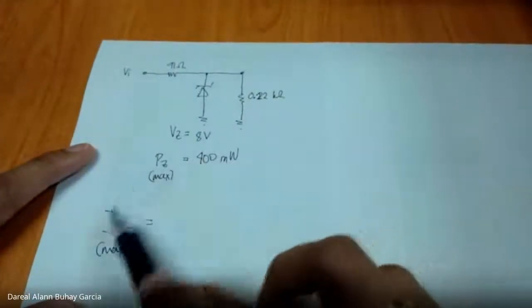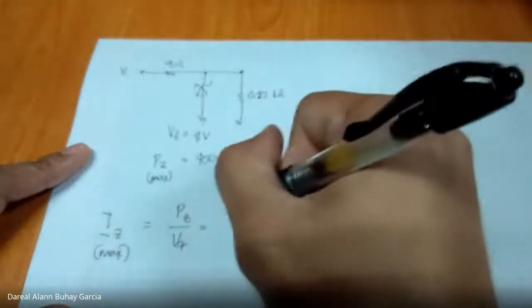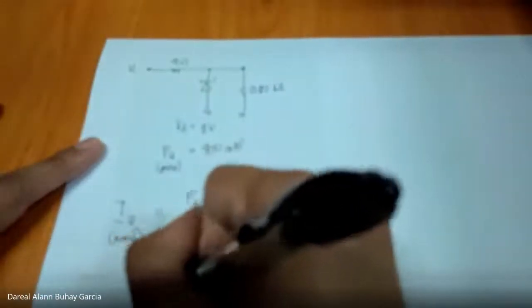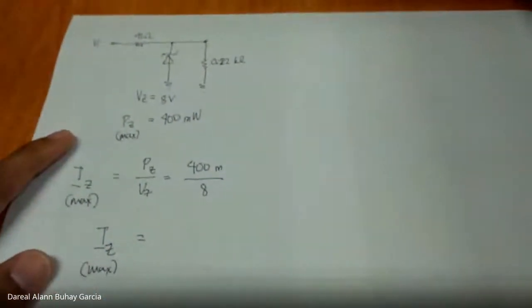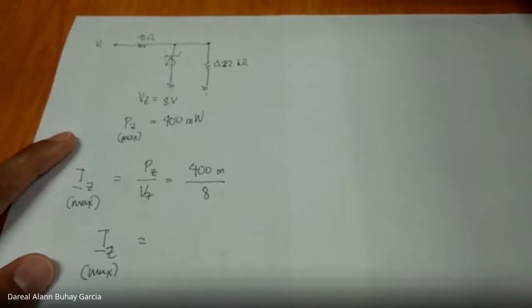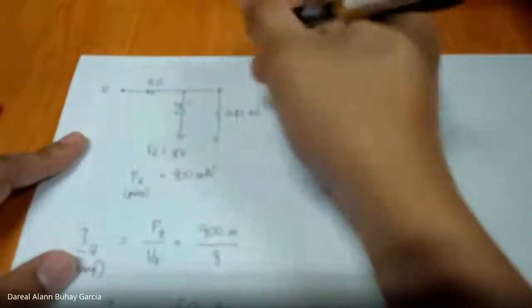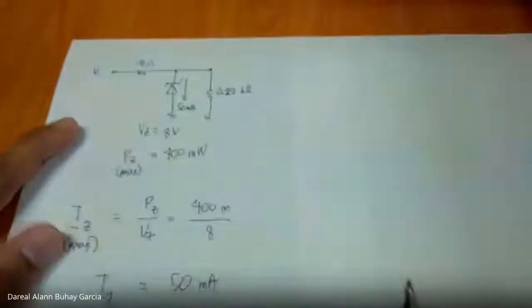Power is equal to IV, meaning I is equal to P over V. That gives 50 milliamperes. So 50 milliamperes should be the maximum current flowing in our diode. It will not break down.